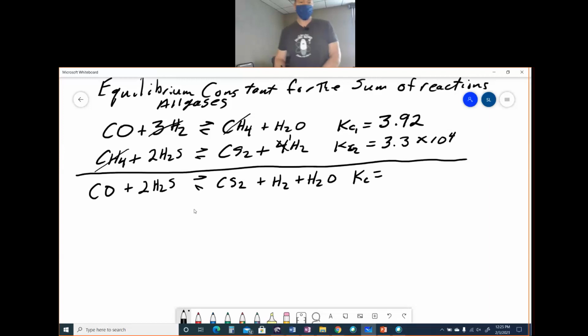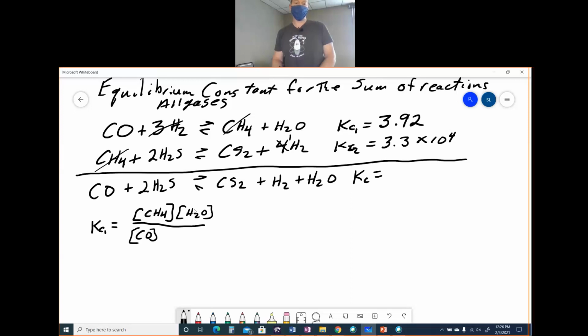All right, so you have to know what to do with your K values when you add reactions. So let's do the expressions. We're going to do all 3 expressions. So the expression for Kc1: the concentration of CH4. It was stated that they're all gases, so they are all going into our expression. H2O concentration divided by your concentration of CO and your concentration of H2, hydrogen gas, raised to the third.